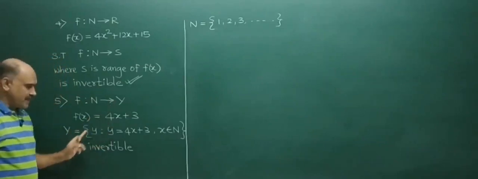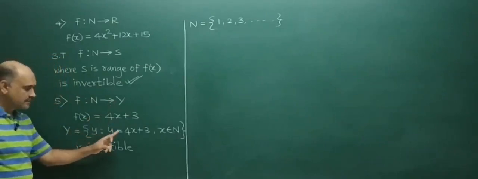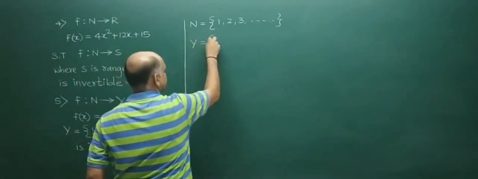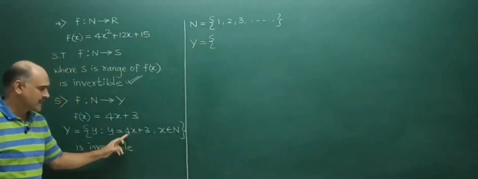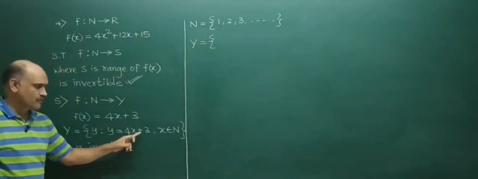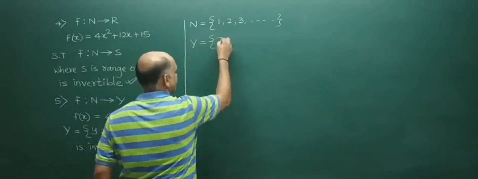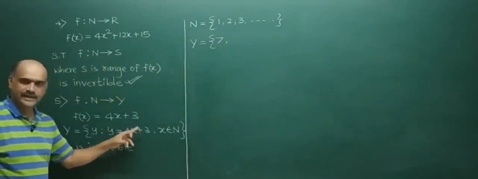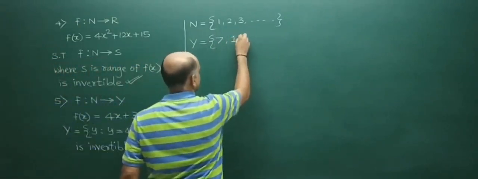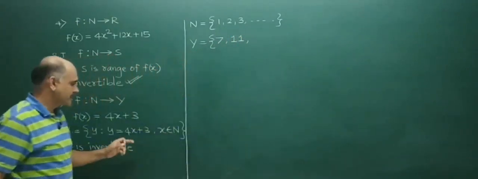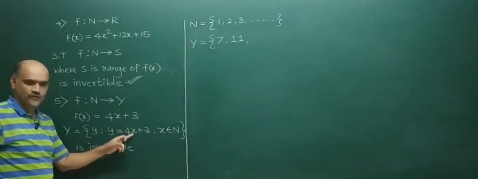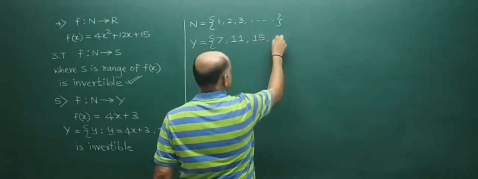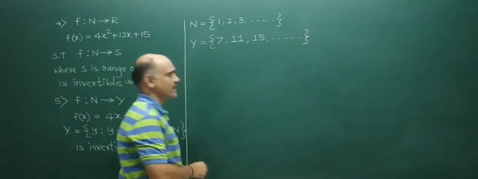Now Y he has defined over here, means first you put x equal to 1, x equal to 2 and so on. If I substitute x equal to 1, 4 plus 3, 7 I will be having. If I take x equal to 2, 4 twos are 8, 8 plus 3, 11. If I put x equal to 3, 4 threes are 12, 12 plus 3, 15. So on, you will be having Y.